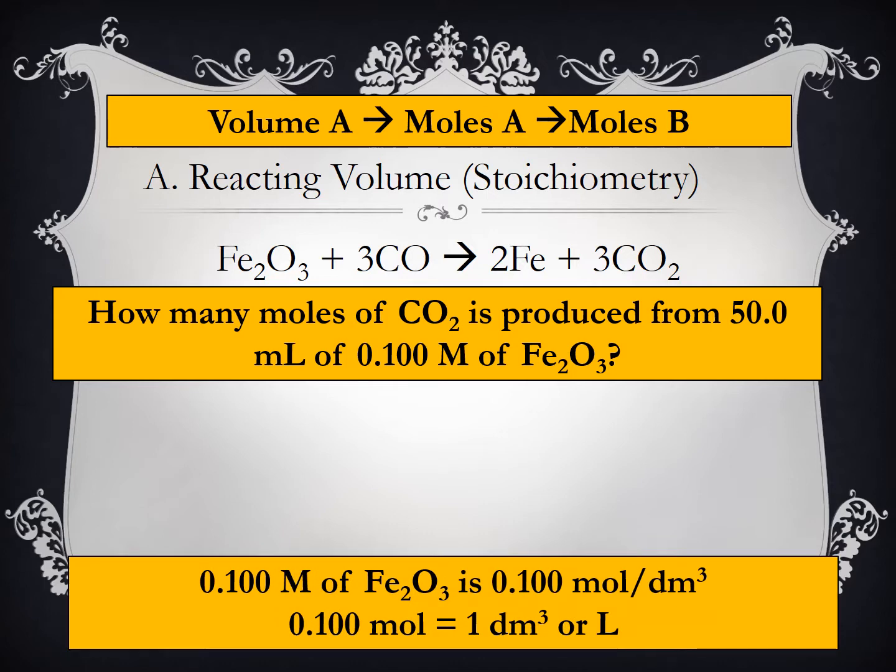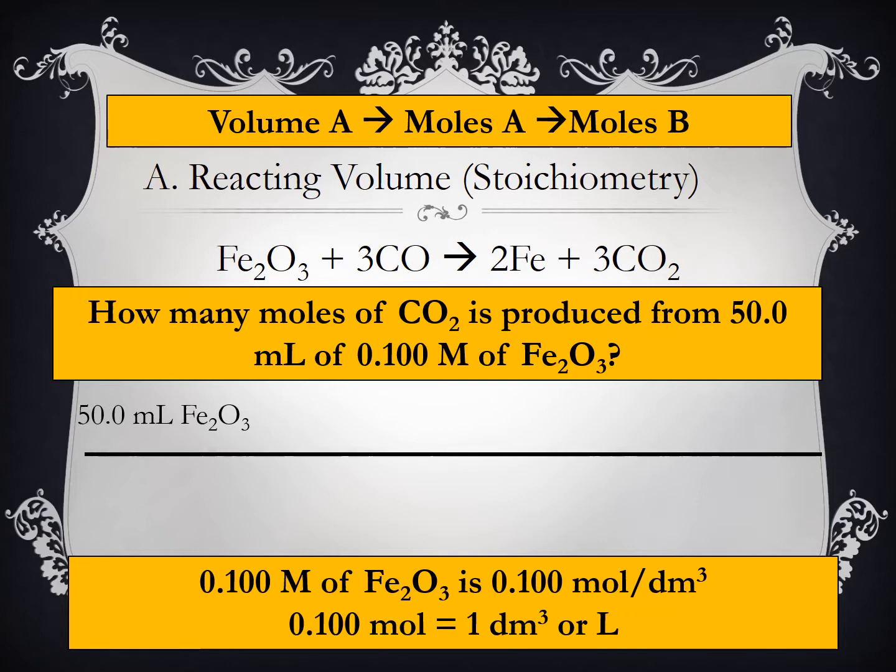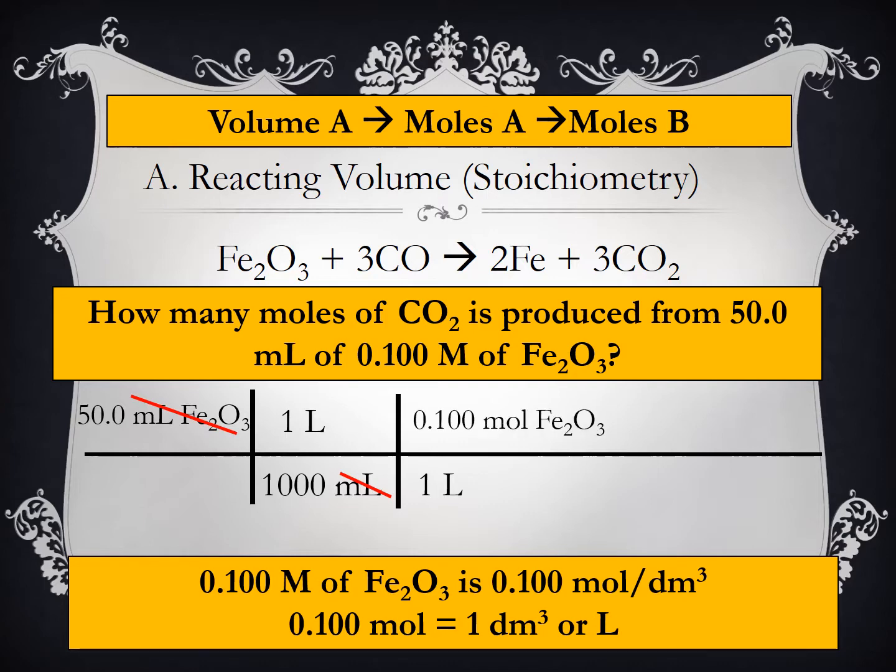So you're going to start with 50 milliliters of iron oxide. We want to make sure we get that into liters. So 1 liter is 1,000 milliliters. Milliliters go bye-bye. Then we need liters on the bottom. Looking at the molarity, for every 1 liter, there's 0.1 moles of Fe2O3. That's the concentration. Liters go zap zap.